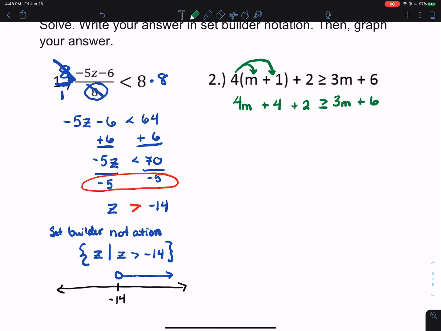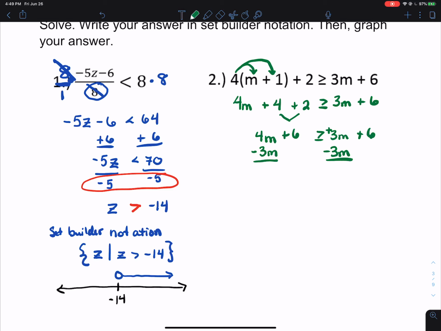Now I need to combine like terms. Remember, we can only combine like terms on one side of the equation or inequality. So on this left-hand side, I can combine positive 4 and positive 2, which gives me positive 6. And I'll bring that 4m down. On the right-hand side, there's no like terms, so I just drag down the 3m and the 6. Now I have variables on both sides, so I want to get the variables to one side. I'm going to get rid of this positive 3m by subtracting 3m from both sides.